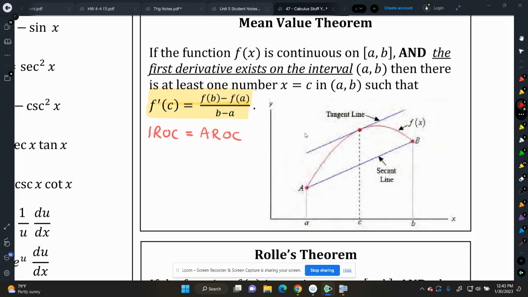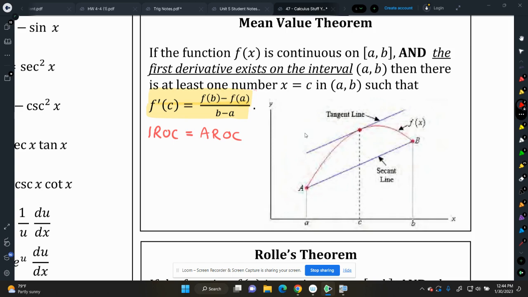If my average speed driving is 78 miles per hour, okay? The mean value theorem says that at some point in time, I had to have been driving 78 miles per hour.